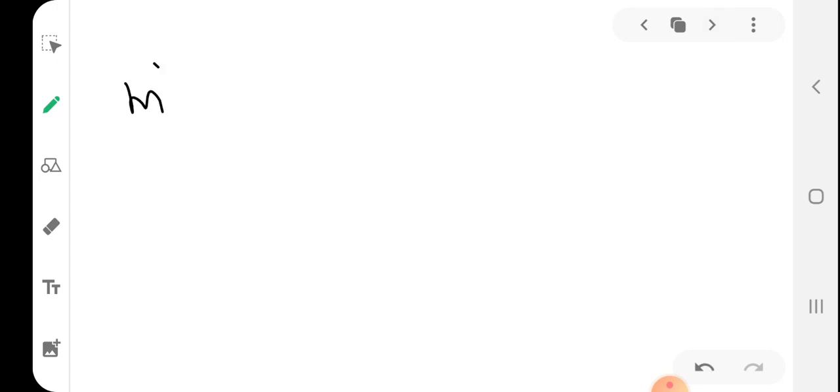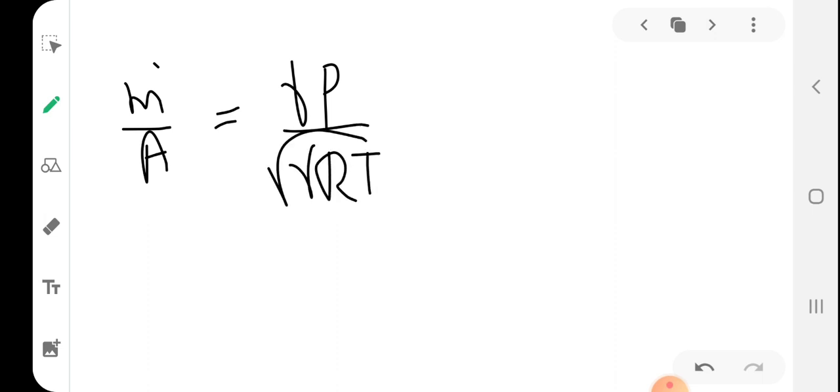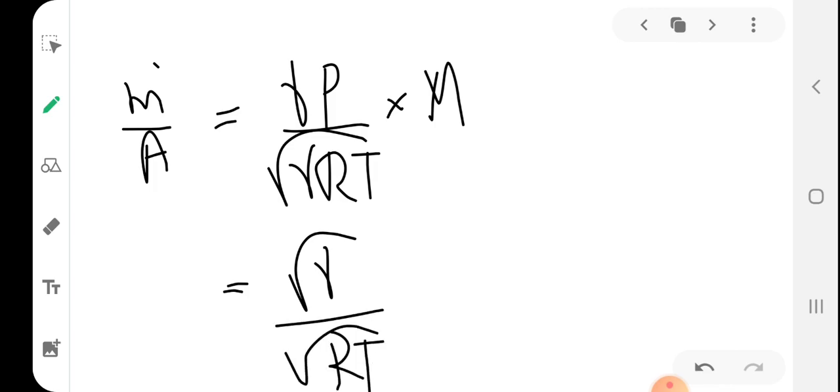So m dot by A will be gamma P by gamma RT into M, right? This root gamma by root gamma is nothing but root gamma by root RT.